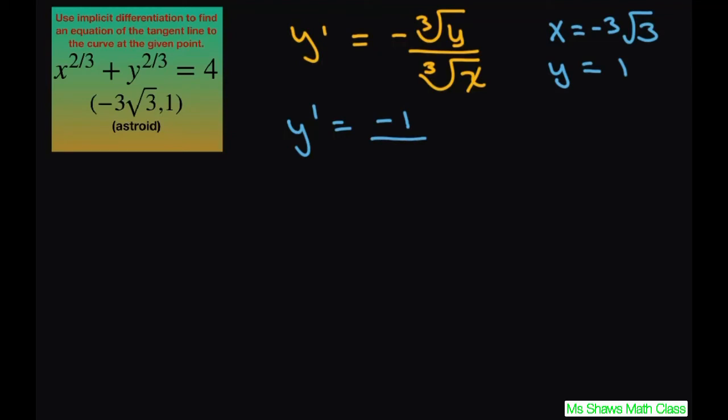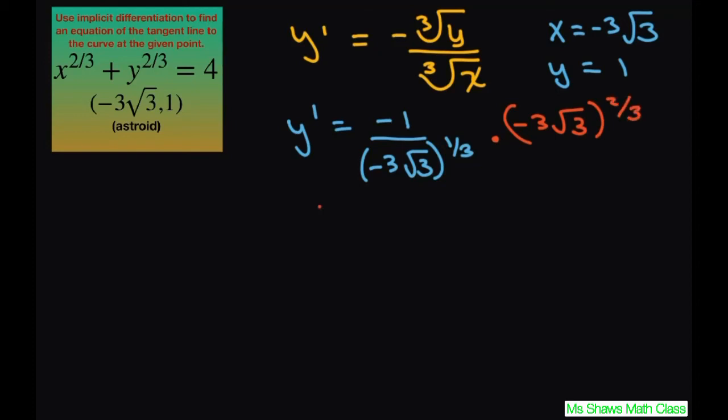And then when you take the cube root of -3√3, I'll just write it here, -3√3 to the 1/3 power. All right, so to rationalize the denominator here, we're going to multiply this by -3√3 to the 2/3 power.